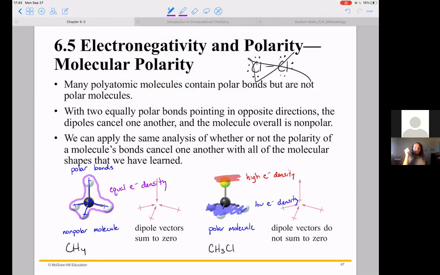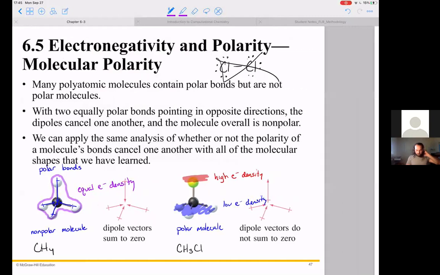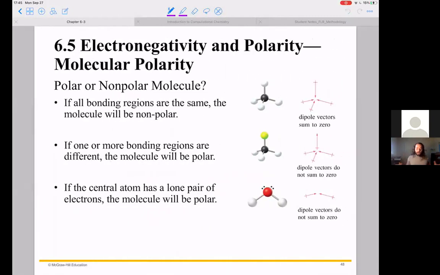So how do we spot polar molecules versus non-polar molecules? Again, it's going to have everything to do with the geometry. If all the bonds in a molecule are the same, even if they're polar bonds, then they'll all cancel each other out, because they're distributed equally in all directions, and that leads to a non-polar molecule.